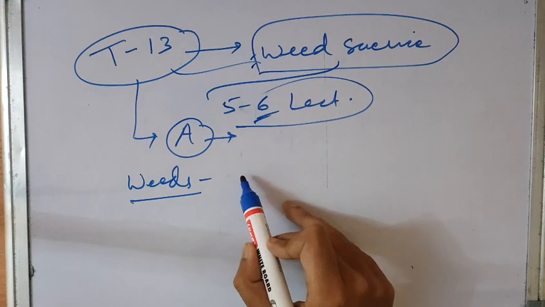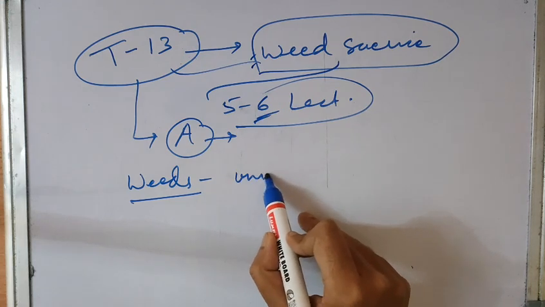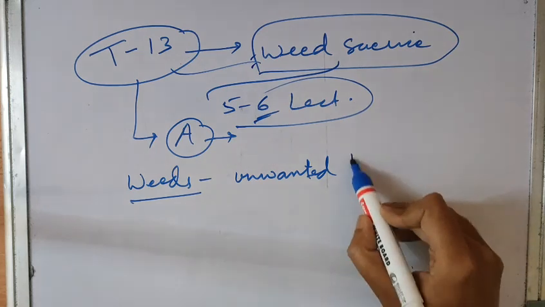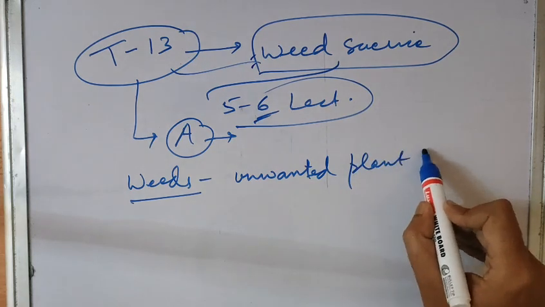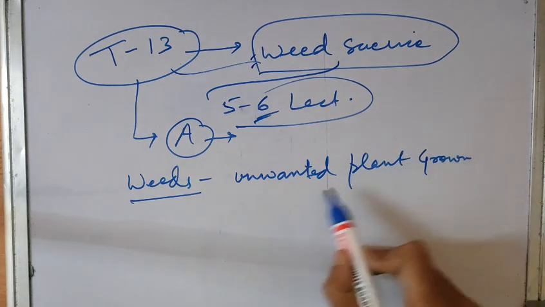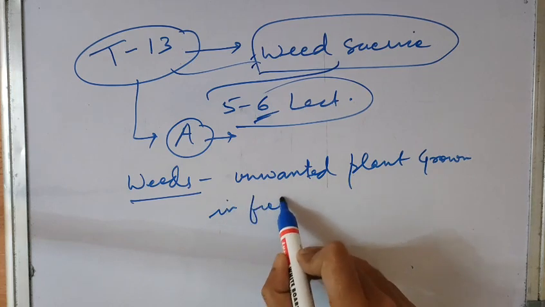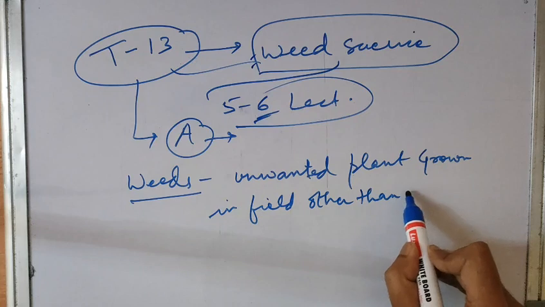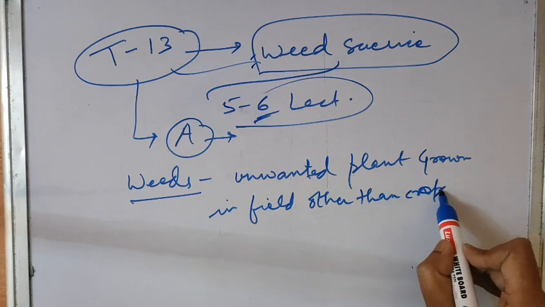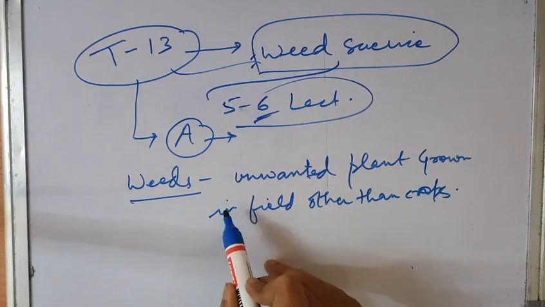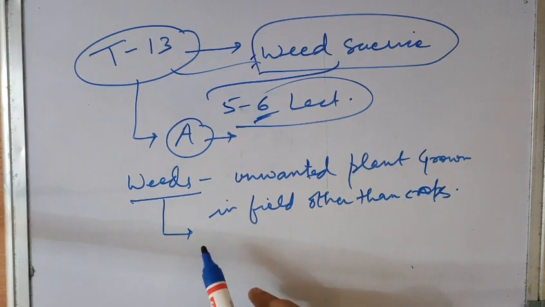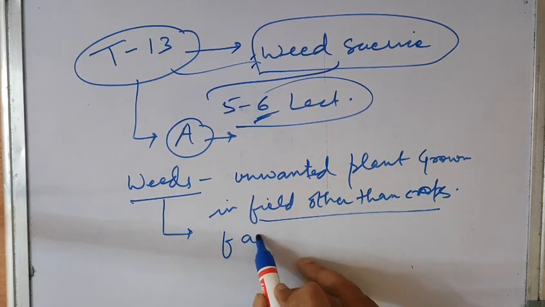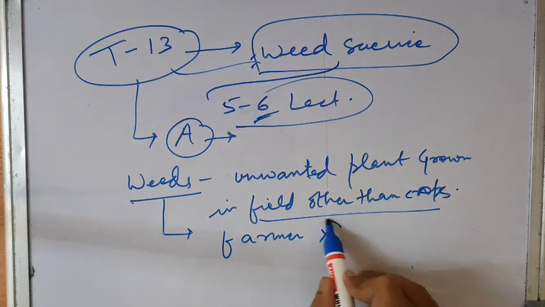Any unwanted plant. We all have read it for quite a long time. Unwanted plant grown in the field other than crops. Weeds are those plants that have grown in the field. They are competing with the crops, but the farmer doesn't need them.